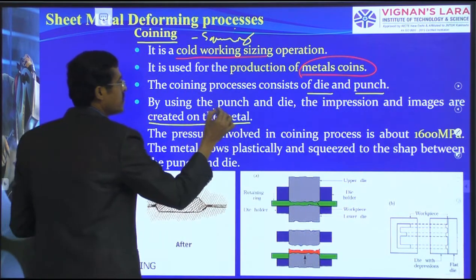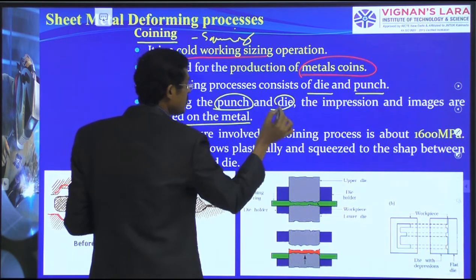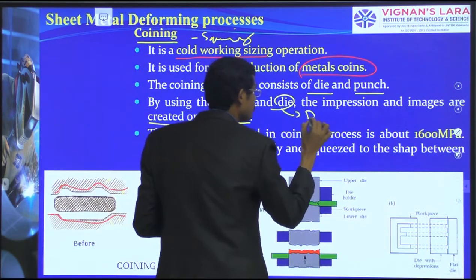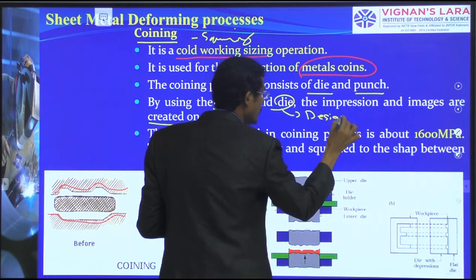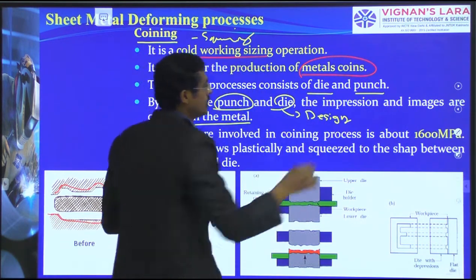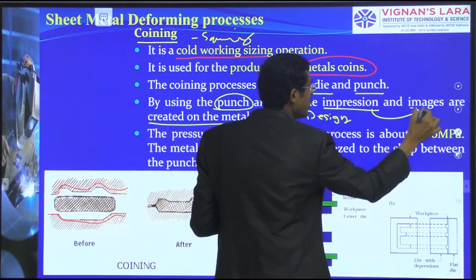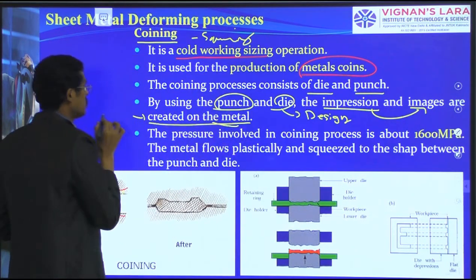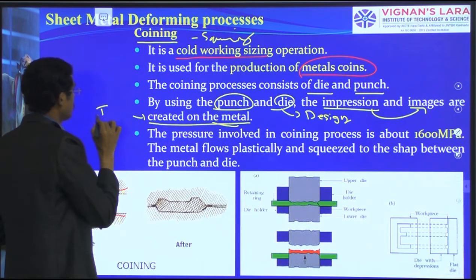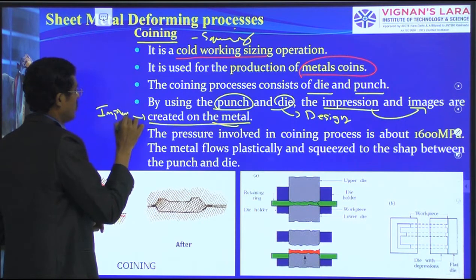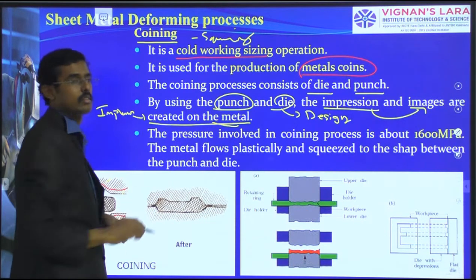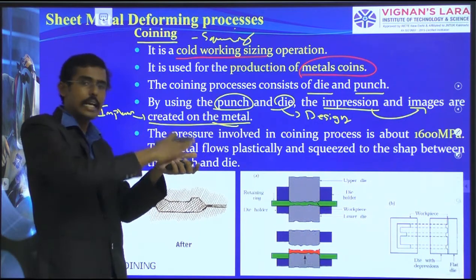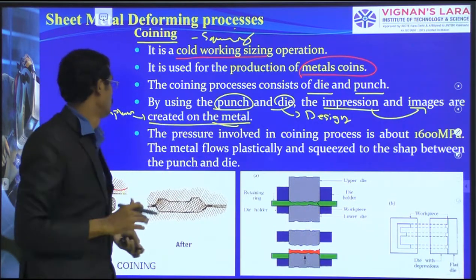The die contains the design, therefore the impressions or images are created on the metal using the punching and die squeezing operation.